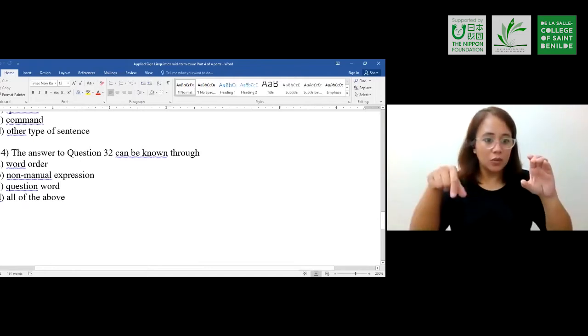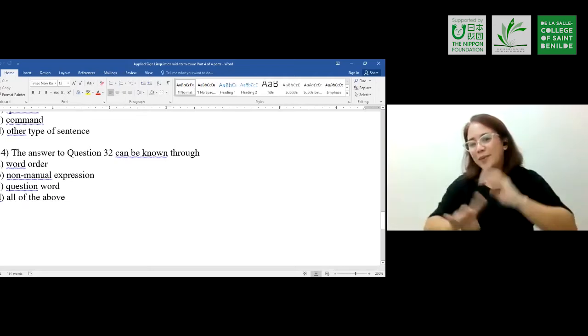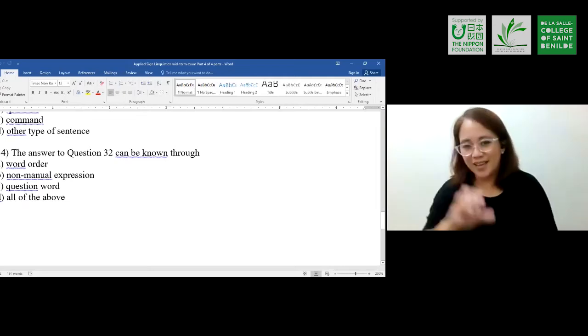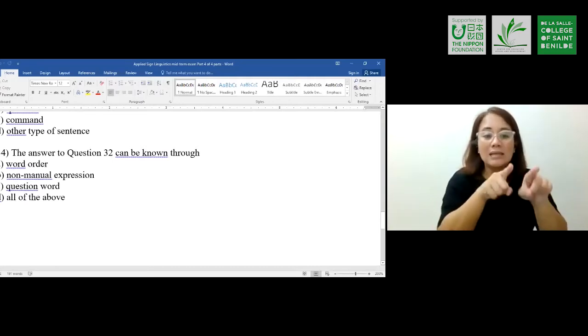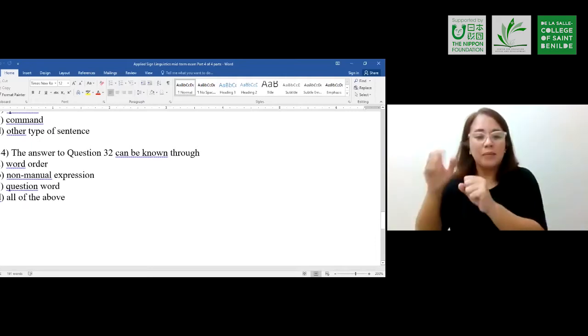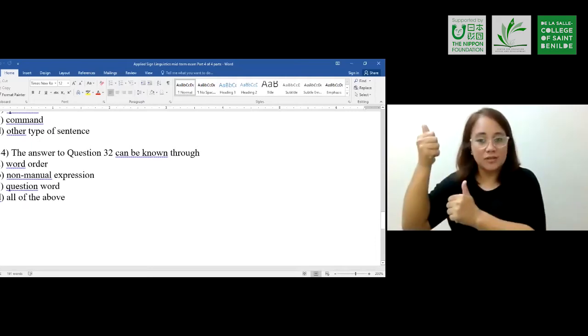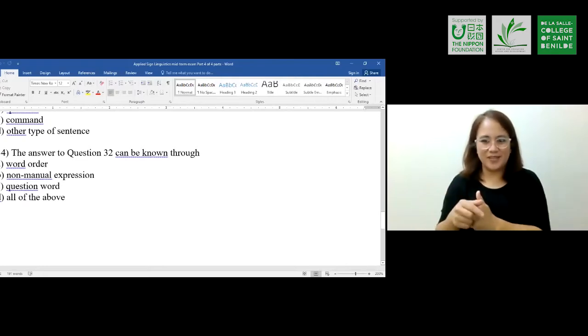So this may be the same problem as the earlier sentence. But C is the best answer. And in the future, I think I will word the question, the answer to question 32 can be known primarily or mostly. Mostly, and that will make it more clear, I think.